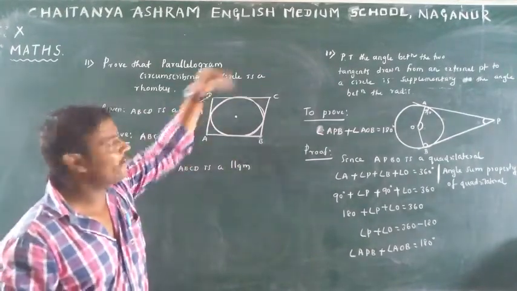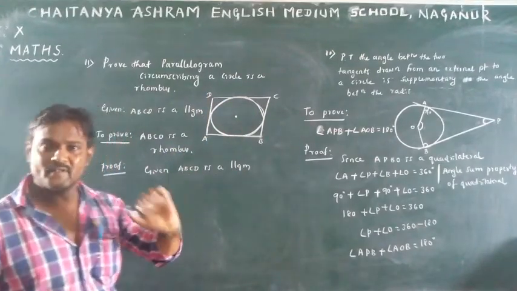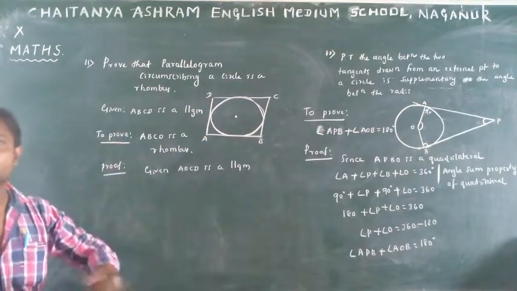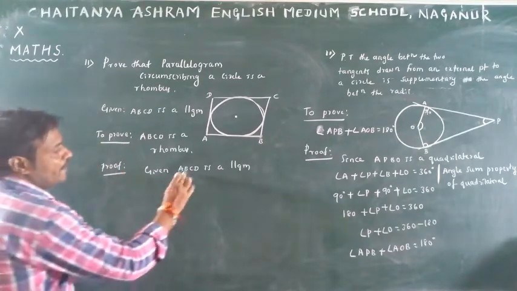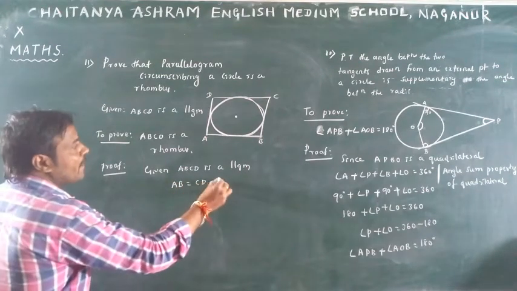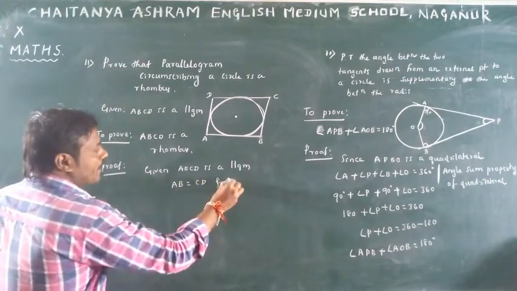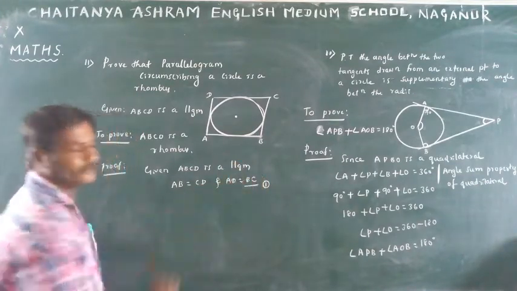AB equals CD and AD equals BC. These are the properties of a parallelogram. So take that result: ABCD is a parallelogram, so AB equals CD and AD equals BC. Say this result is 1.